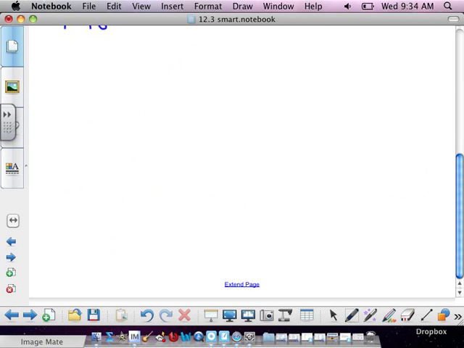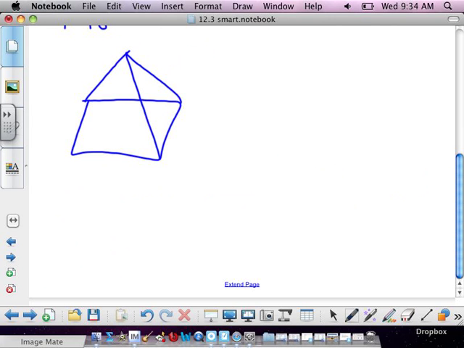We've got our pyramid. We know the bottom is 18 feet by 18 feet.